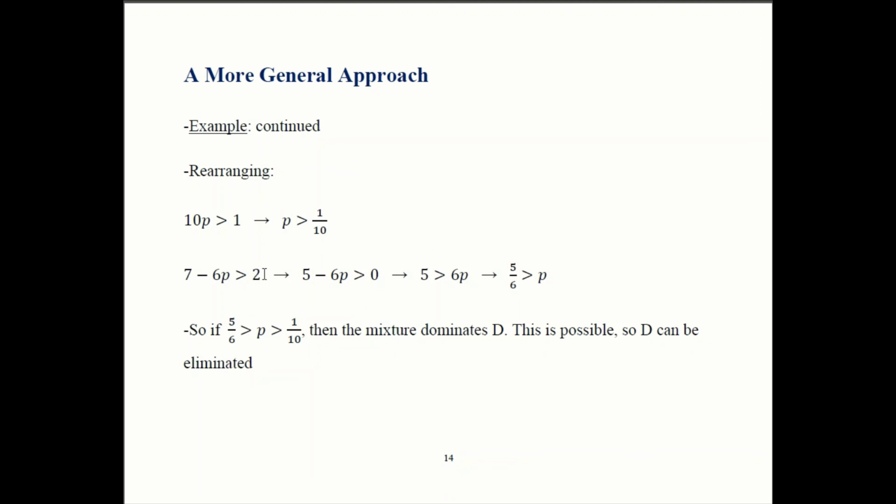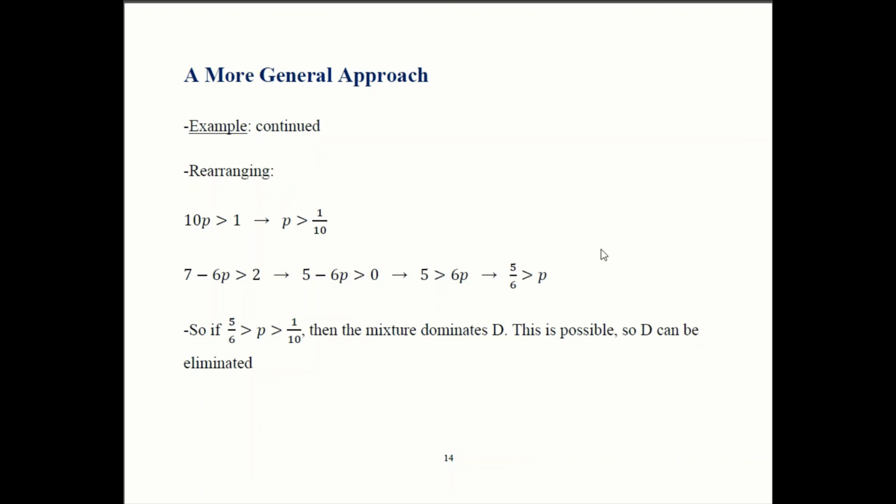So I'll put the 2 on the other side here. 7 minus 2 is 5. That means I get 5 minus 6p has to be greater than 0. The next thing I'll do is move that 6p to the other side. So I have p's on one side, I have numbers on the other. That gives me 5 greater than 6p. Very last step, divide both sides by 6, and I find that 5/6 has to be greater than p.